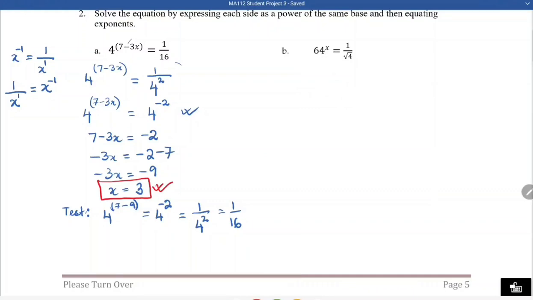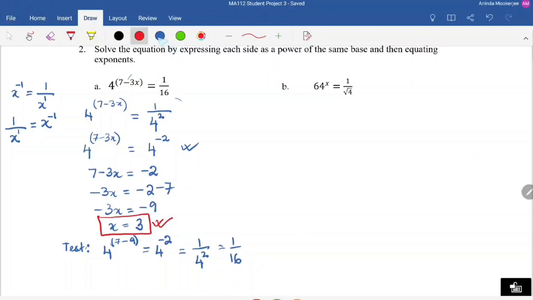So we have 64 raised to the power x equals, now on the other side we have 1 divided by the square root of 4.